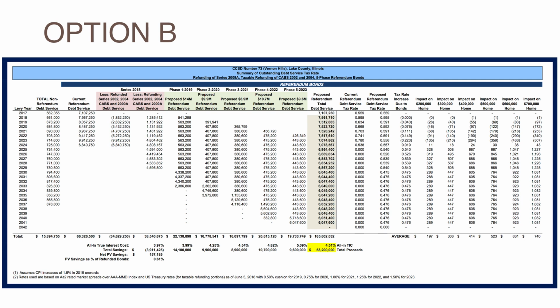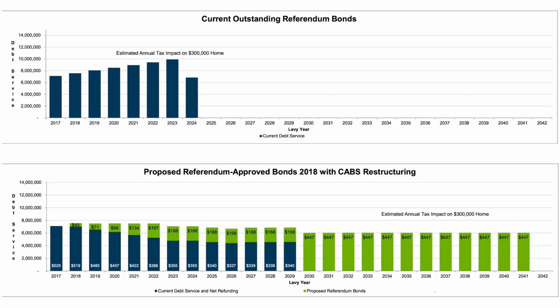And we'll move on to the next slide where we can clearly see how this option is different than option A. With option B, we are restructuring the current outstanding referendum bonds, and you can see that the peak has been removed and spread forward to 2029.